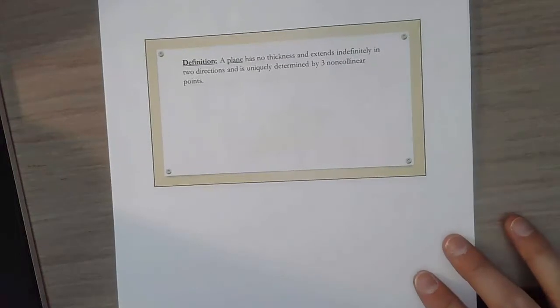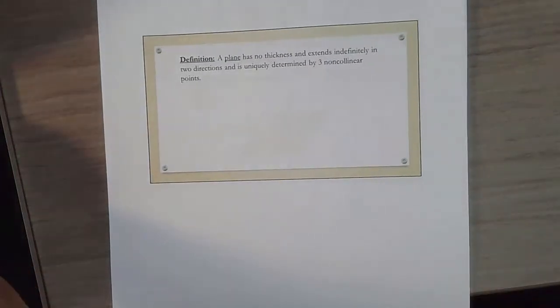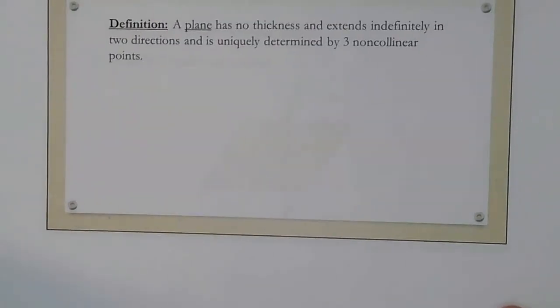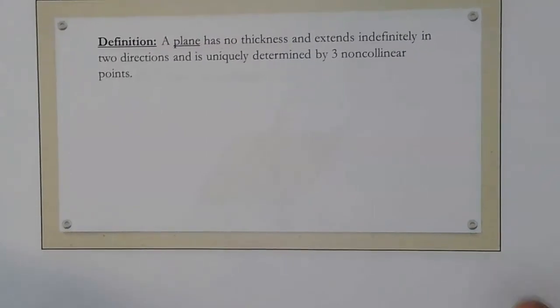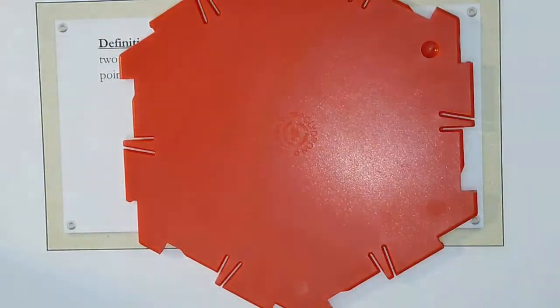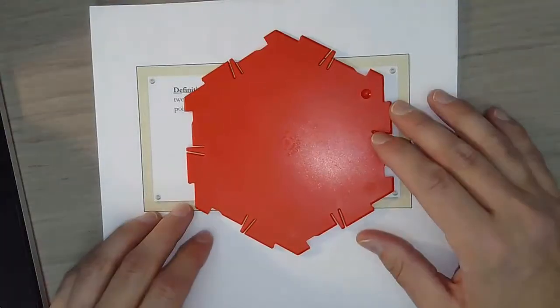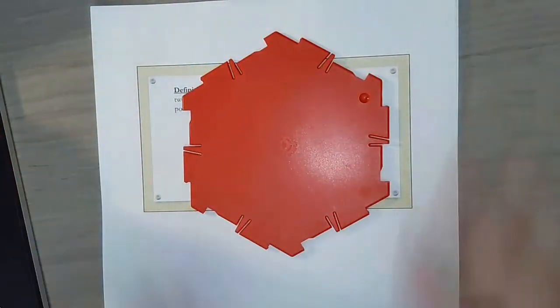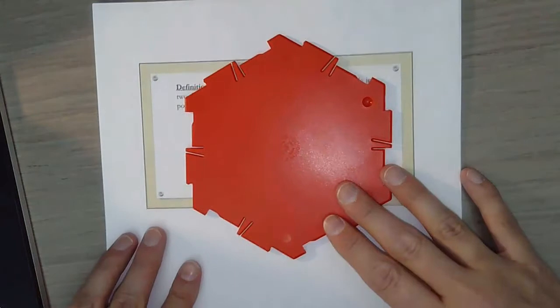Remember, we talked about the fact that this was something like a tabletop, a floor, that type of thing. So let's think about a plane being something like this disc, and I'm going to zoom out, but it's going to still extend in all directions, okay?